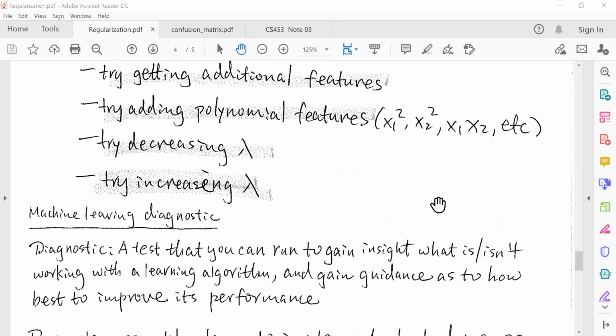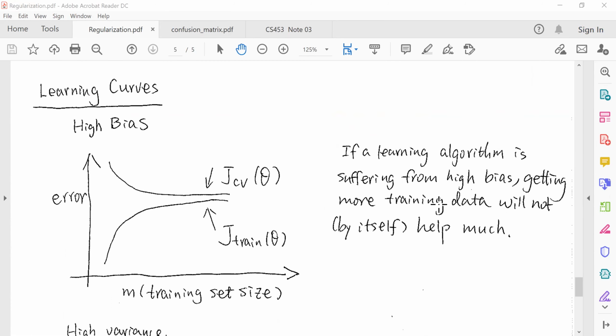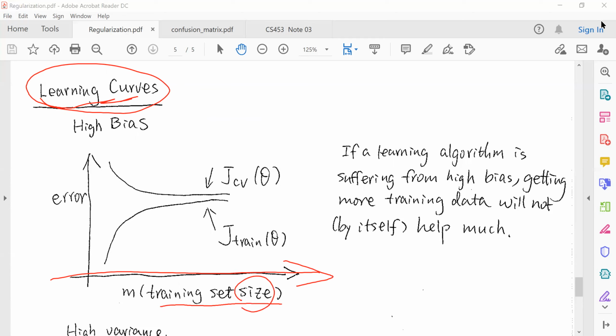Over here, there is another quite useful tool called the learning curve. What is a learning curve? The x-axis represents the training data size, increasing training samples.